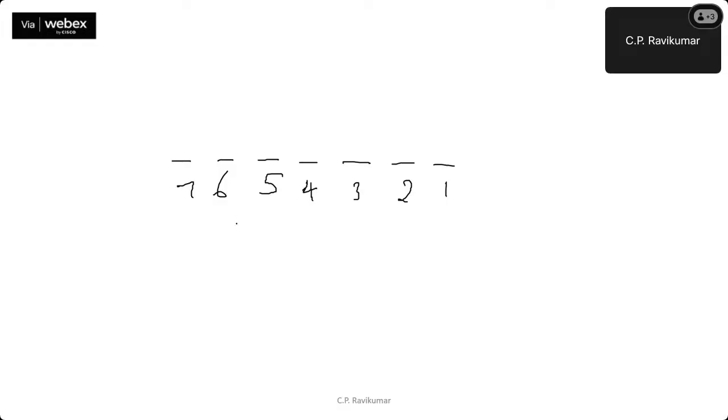The parity bits are placed in positions like 2 power 0, 2 power 1, 2 power 2, etc. So this will be the place where parity bit 1 is placed.